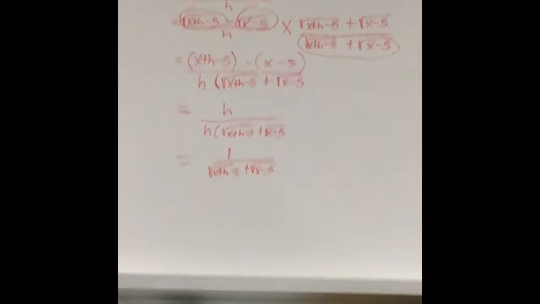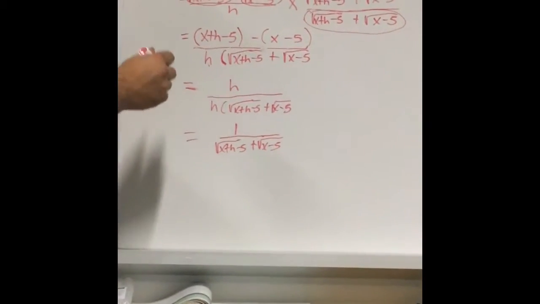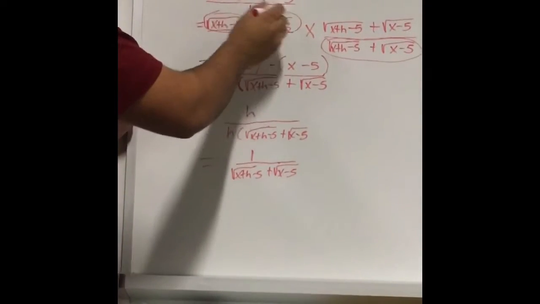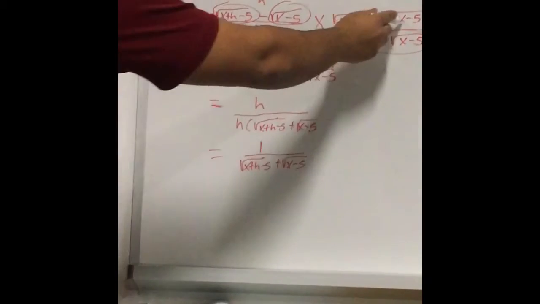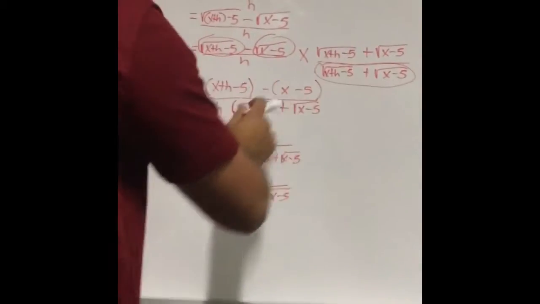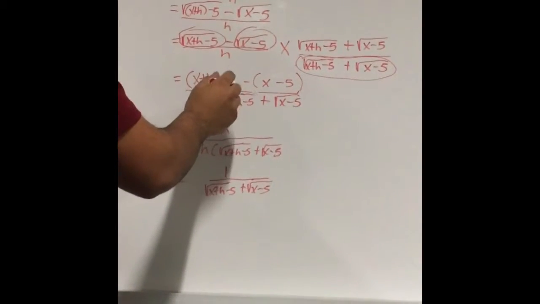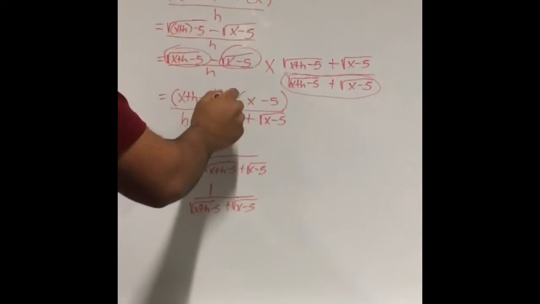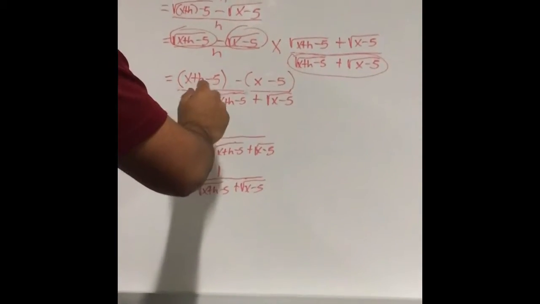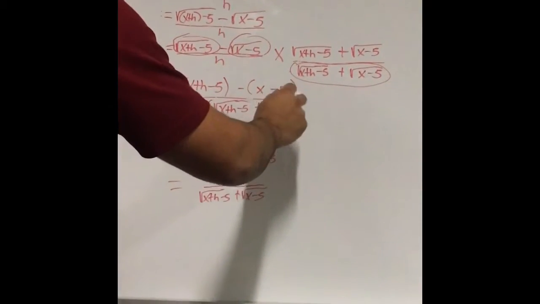Okay, so for the third part of our third step, what we did was take the root symbols off the top by multiplying it by the second term. So that would give us the bracket x plus h minus 5, bracket minus x minus 5, bracket, all over h, bracket square root x plus h minus 5 plus root x minus 5.